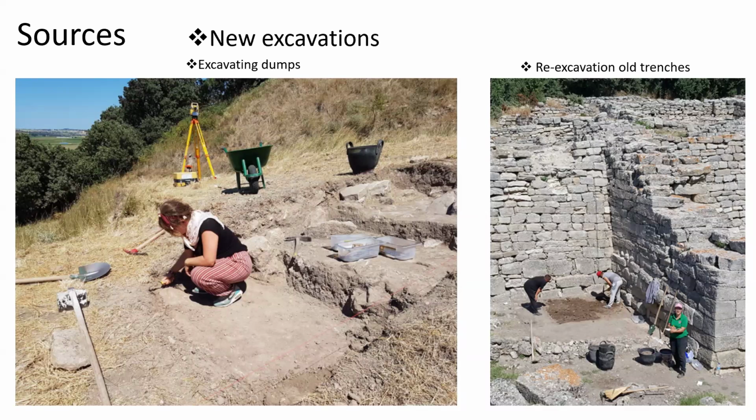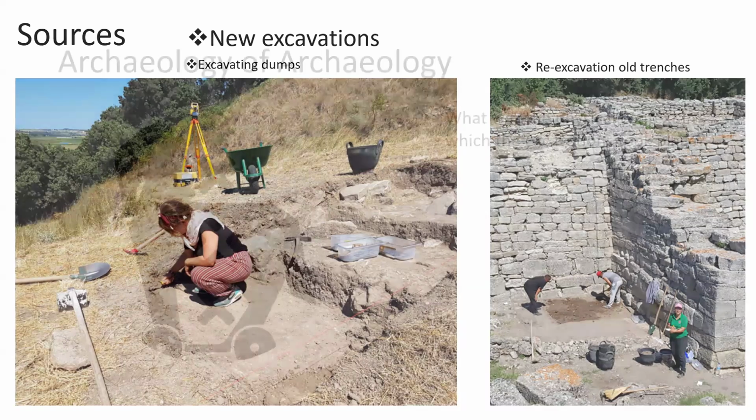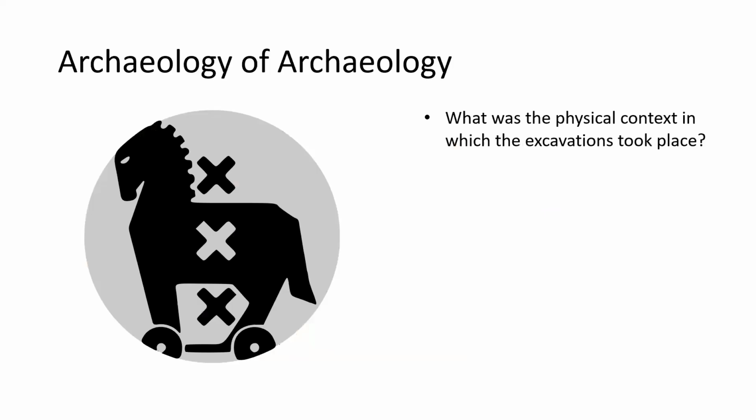The second is re-excavation of old trenches, which have been backfilled, and checking their documentation as well in these trenches. That was not the part that I was involved with, but I was involved with this question: what was the physical context in which the excavation took place?